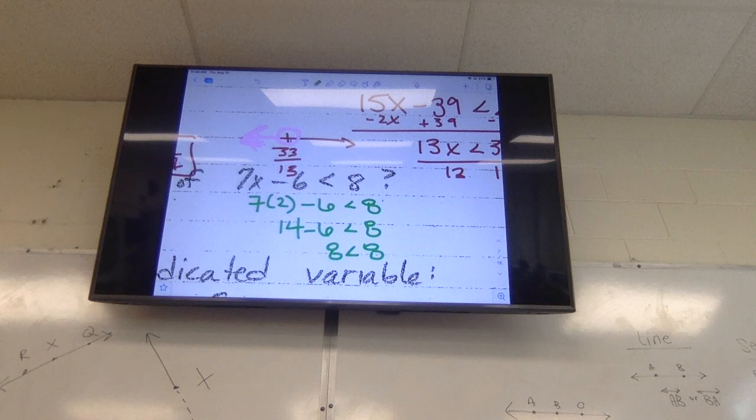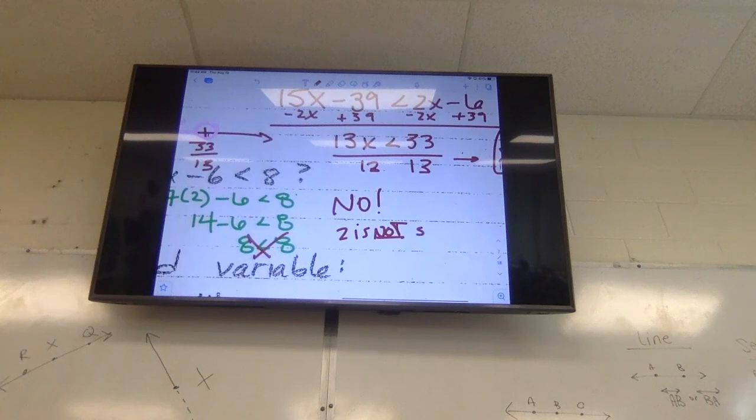Is that true or false? False. That is not true. That will not work. So that means no, 2 is not a solution.